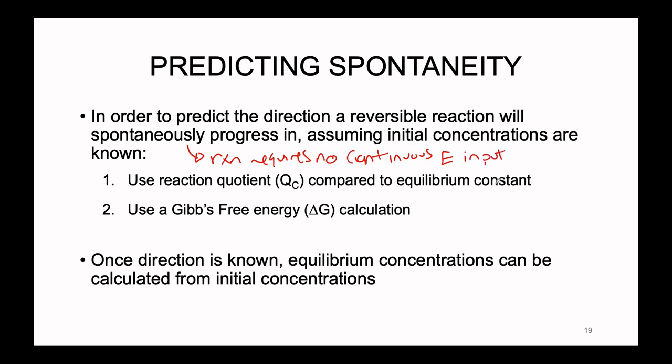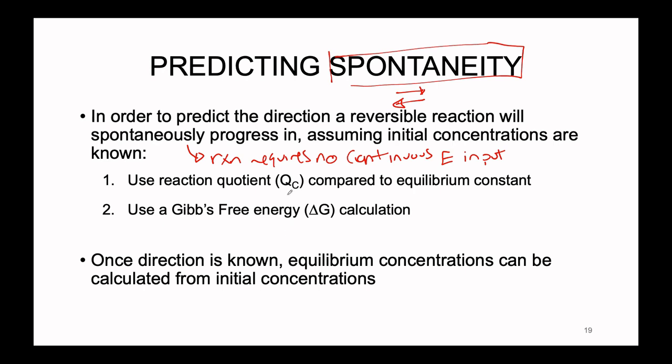You don't need to force it to move in any direction. It will spontaneously shift either from reactants to products, or possibly from products to reactants, all on its own.